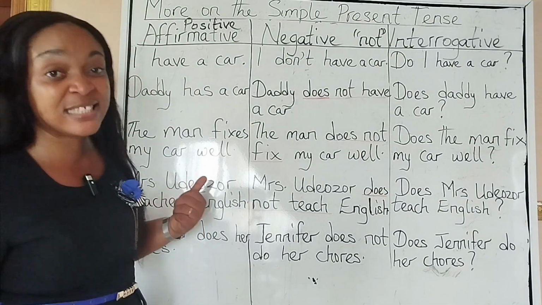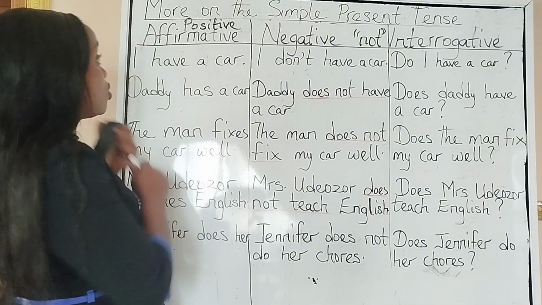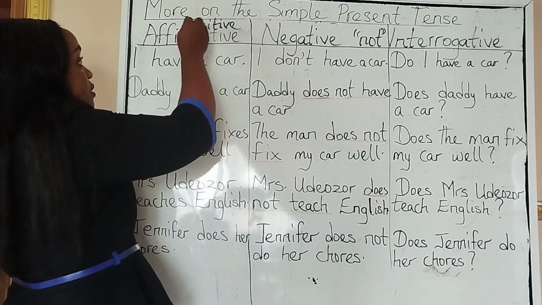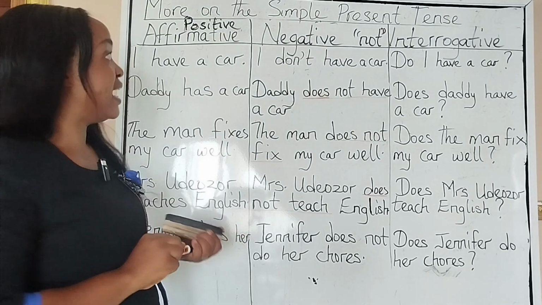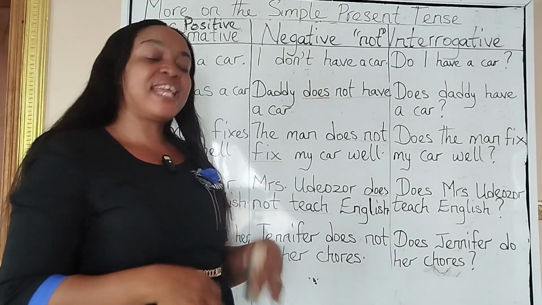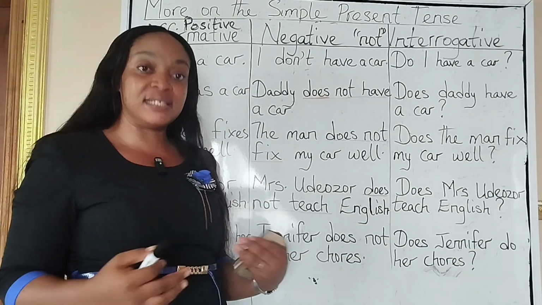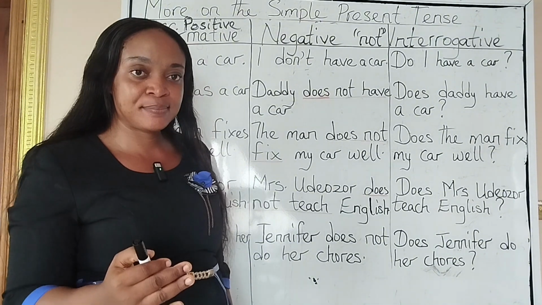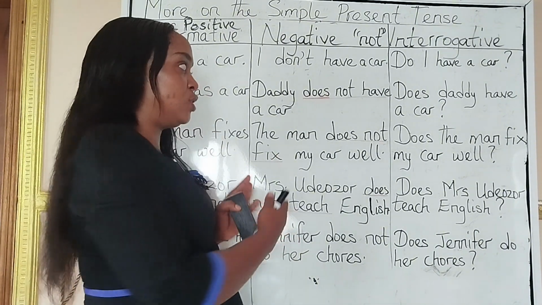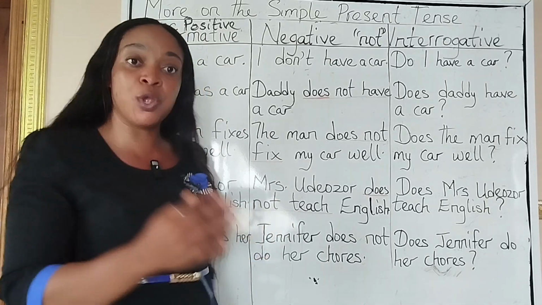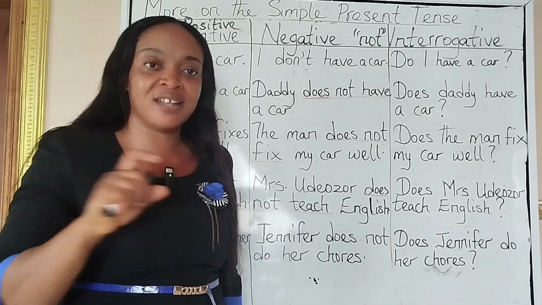So, if you don't call it affirmative sentence, you can also call it positive sentence. Is that okay? All right. And we're going to have negative. Negative sentence simply means that the sentence has not. It could be no, it could be never. But in this case, when we are doing a grammar class like this, we always make use of the word not.